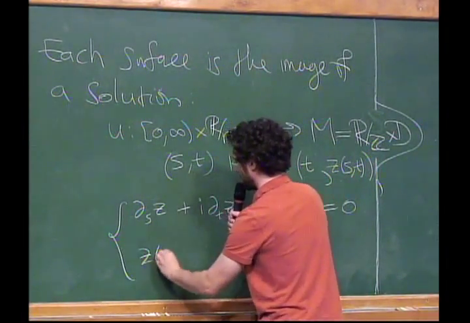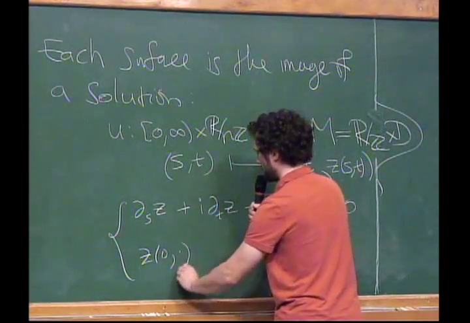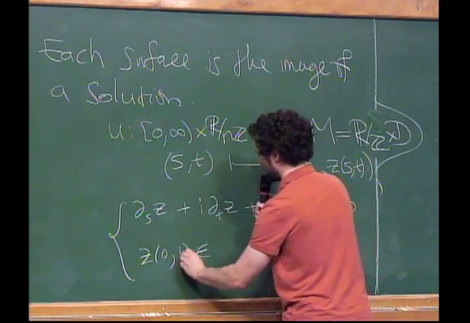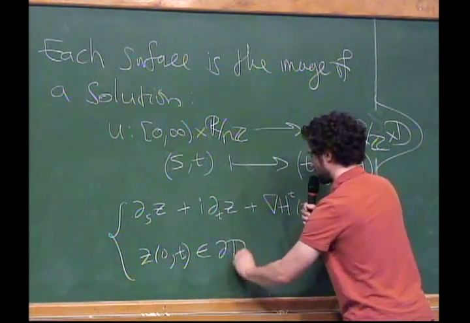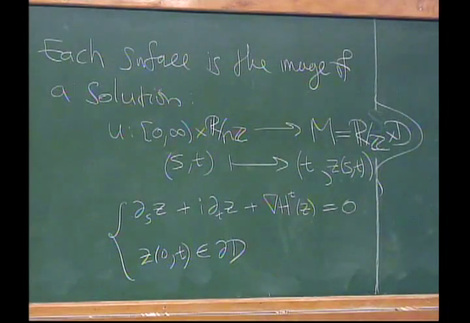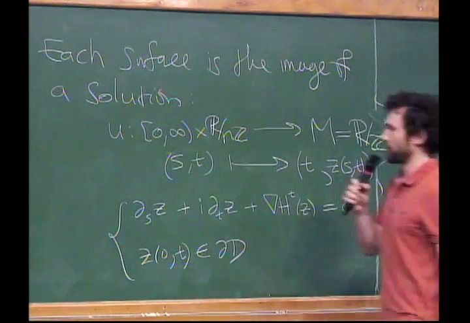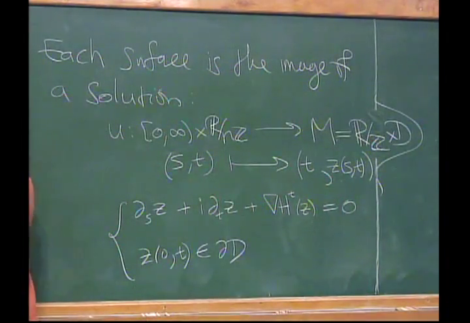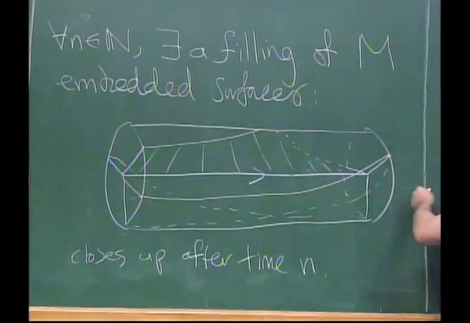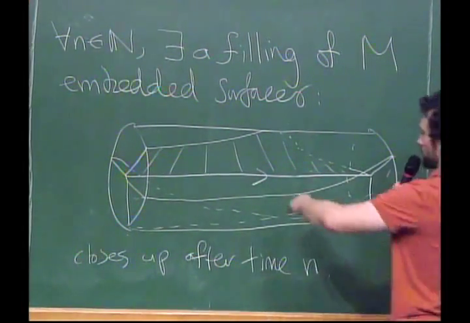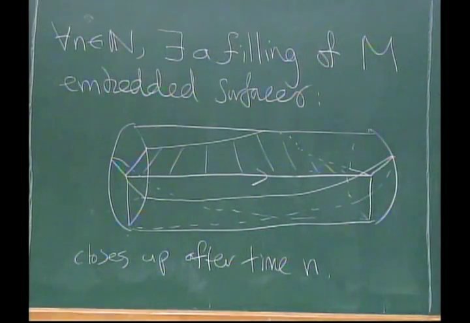And then of course a boundary condition: z(0,t) belongs to the boundary of the disk. And in fact, there's another integer going on in the background here, because n only describes how many times the leaf goes around this direction, but of course the leaf is also twisting, so how many times does it go around?